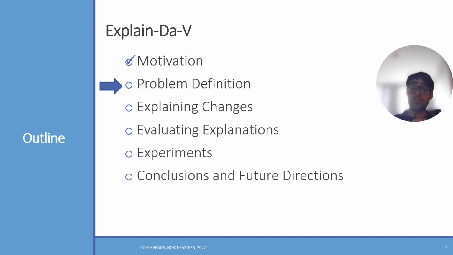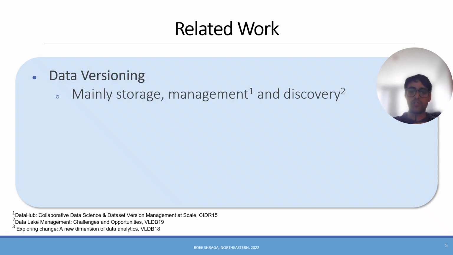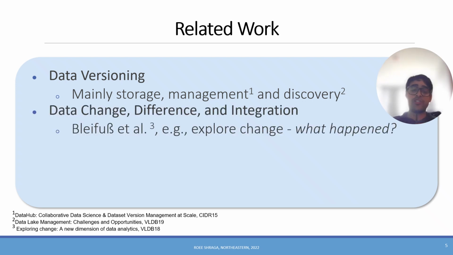Before we move to our problem definition, we will look at related work. First, data versioning was explored mainly from a storage, management, and discovery perspective. Data change, difference, and integration was explored quite broadly and relates to our work in the sense that our work relies on the changes that happen, and we are trying to explain not only what happened, but how it happened in practice.